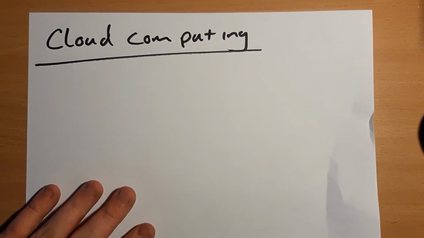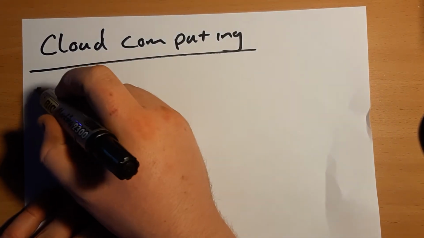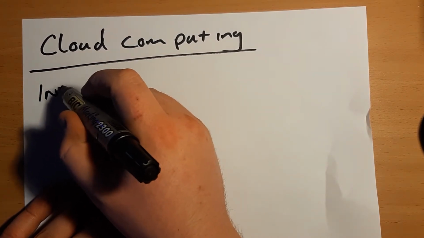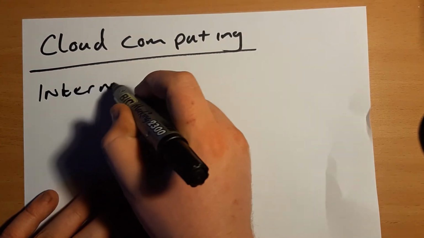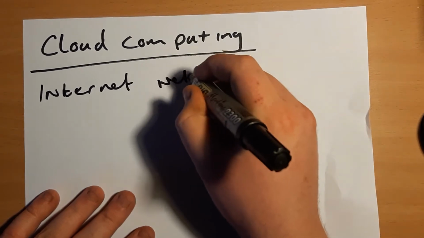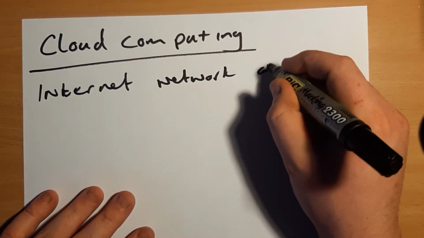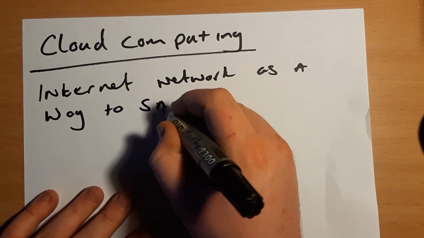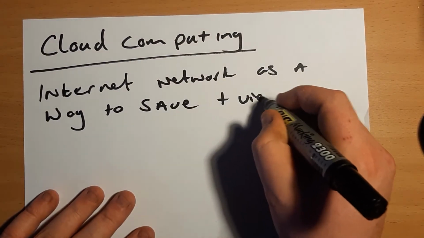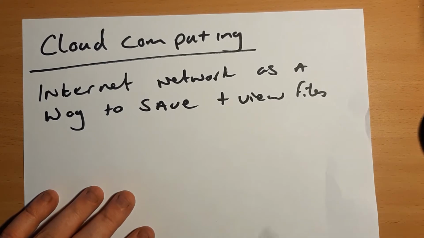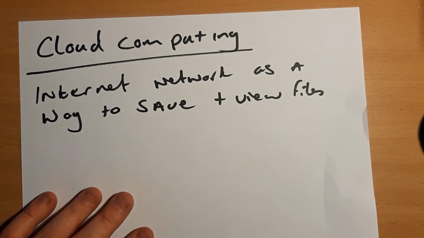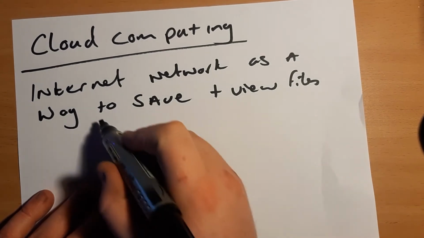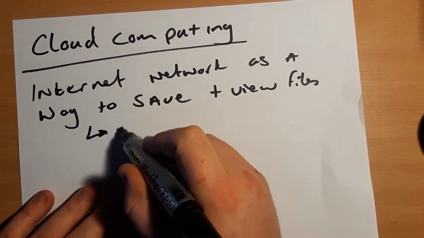What cloud computing is, it's using the network, the internet, as a way to save and view files. So the likes of OneDrive, instead of saving it on the computer.